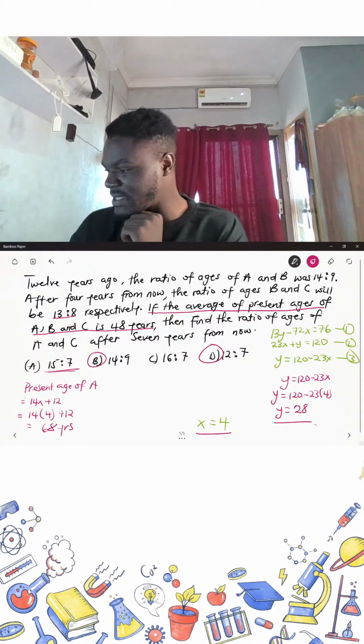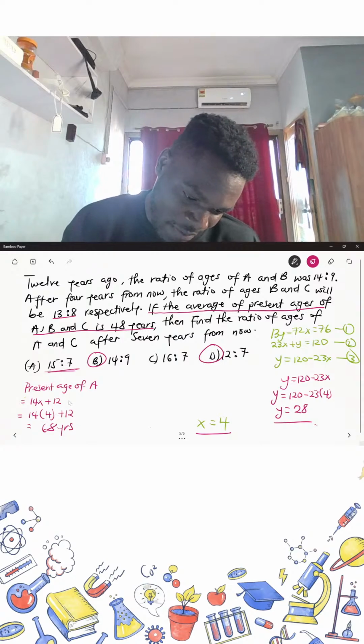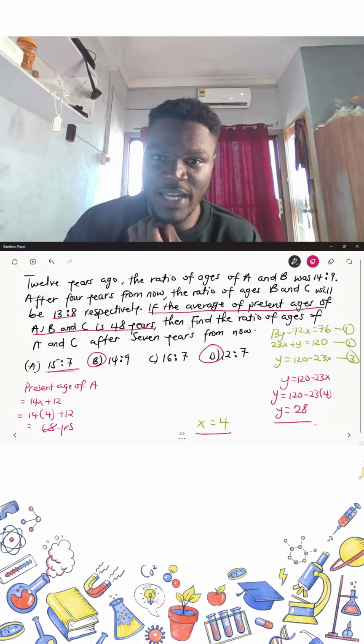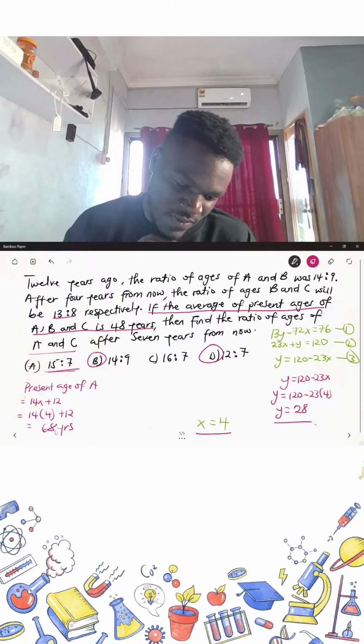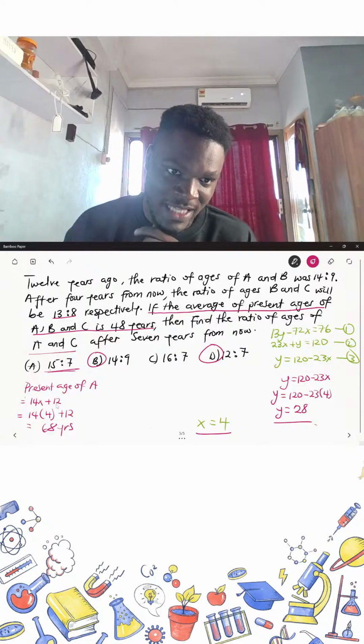Okay. So this will give us 68. So now that we have the first age, remember we have to find the ratio of the ages of A and C. The present age of A is what we just found to be 68.